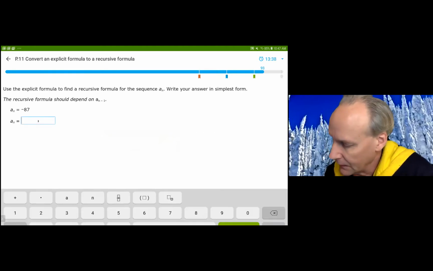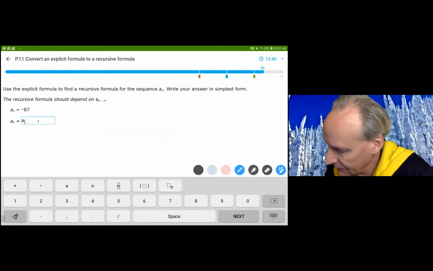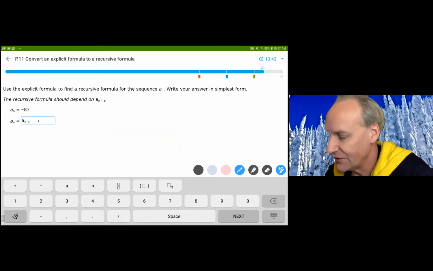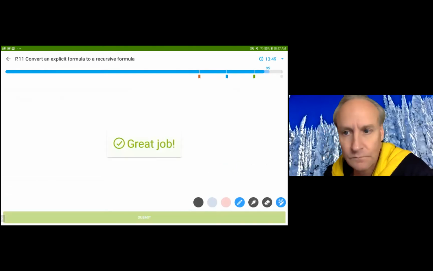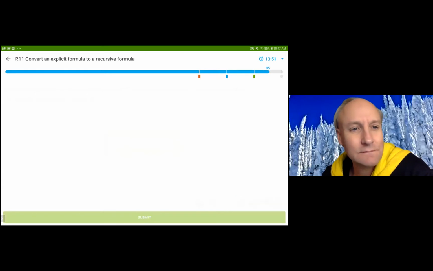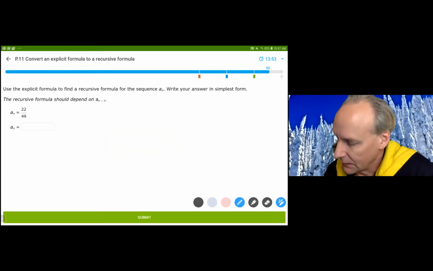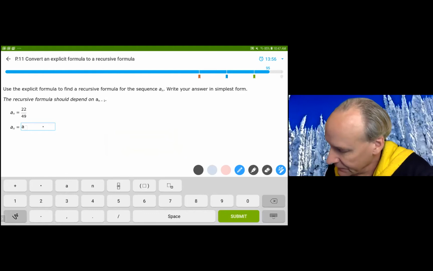It is a constant function, a to the n minus 1. I shouldn't say to the, I should say a n minus 1. It's a subscript, not an exponent. A constant function.